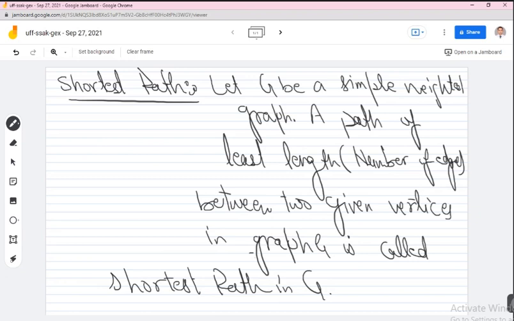Dijkstra algorithm is an algorithm in which we find the shortest path in the weighted graph. What is the Dijkstra algorithm? It is an algorithm, just we can say a procedure.